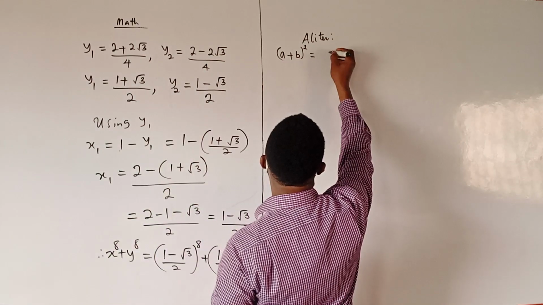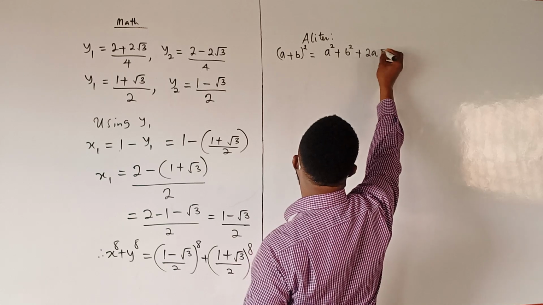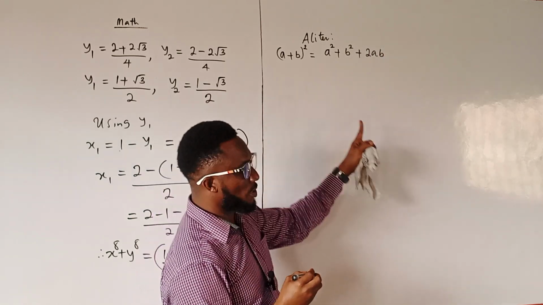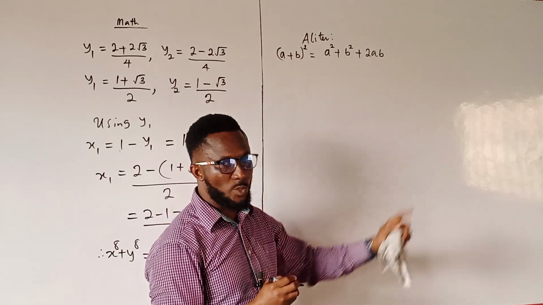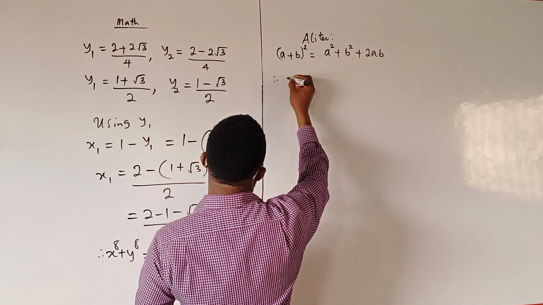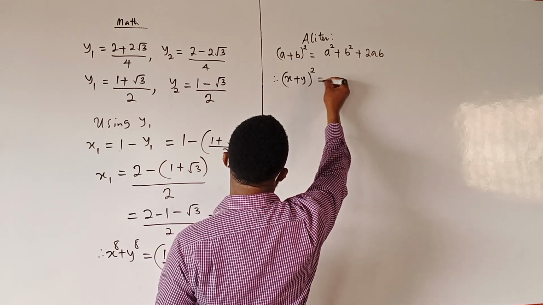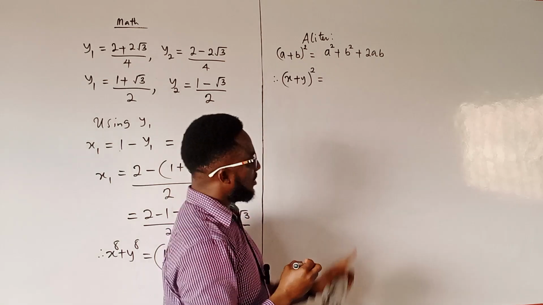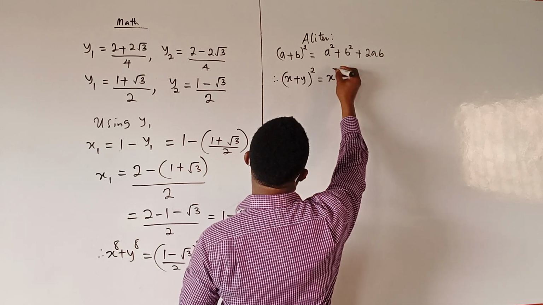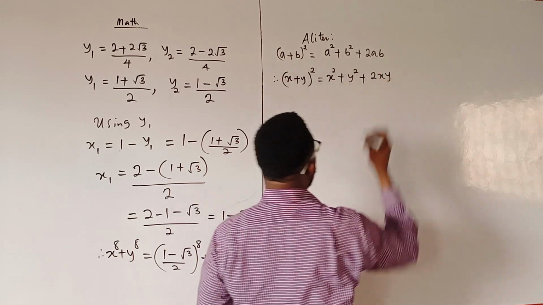And this is equal to a squared plus b squared plus 2ab. a squared plus b squared is the sum of squares. So therefore, I'll start with (x plus y) all squared. This is going to give me, just to fix everything to the formula there, x squared plus y squared plus 2xy.